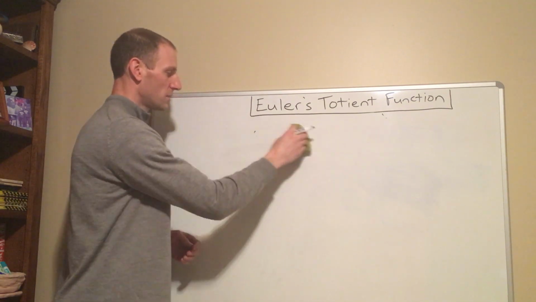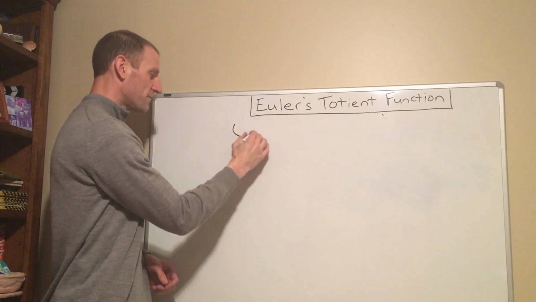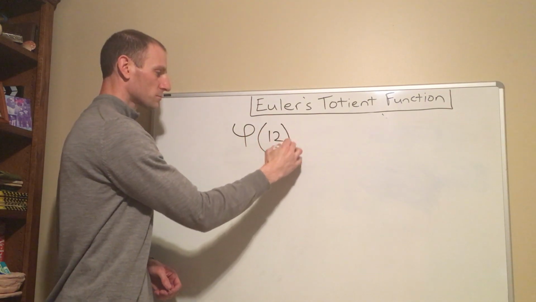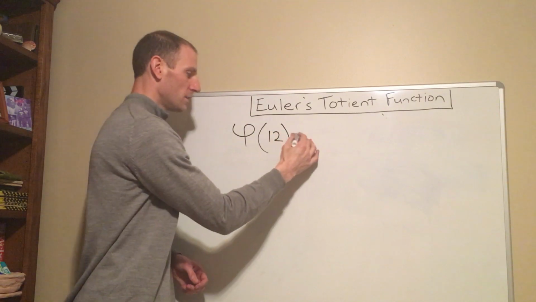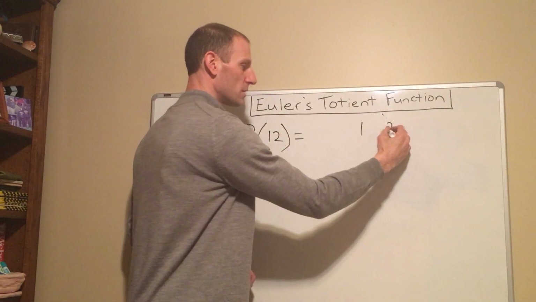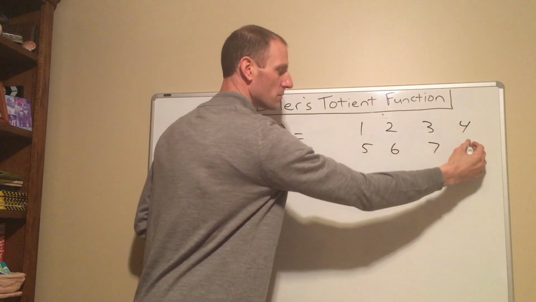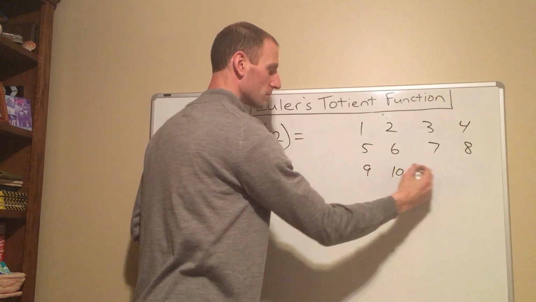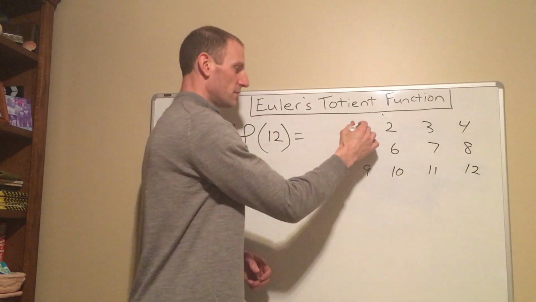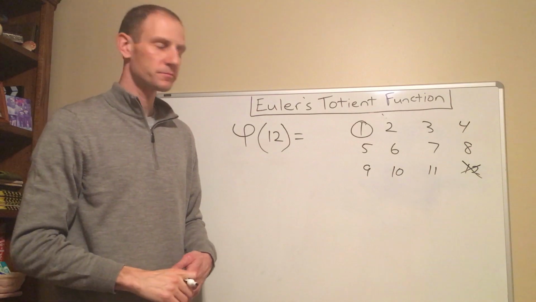So let's try an Euler's totient function problem. If we try to find Euler's totient function of the number 12, the first step is to list all of the numbers from 1 through 12, all of the whole numbers. So 1, 2, 3, 4, we continue all the way up through the number 12. The next step is to circle the number 1 and to cross off the actual number.